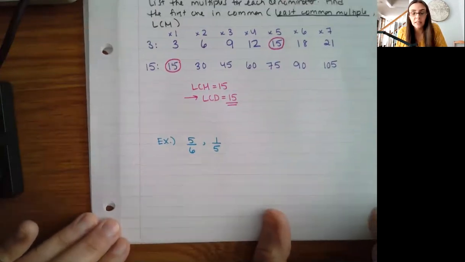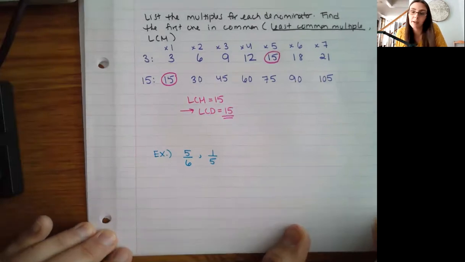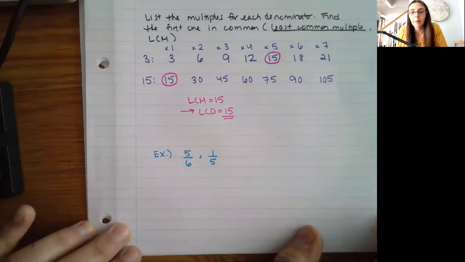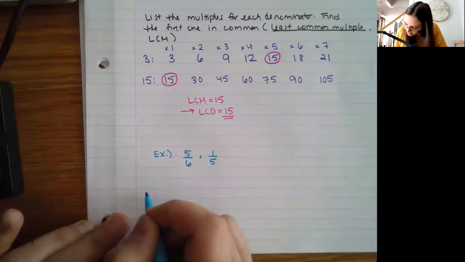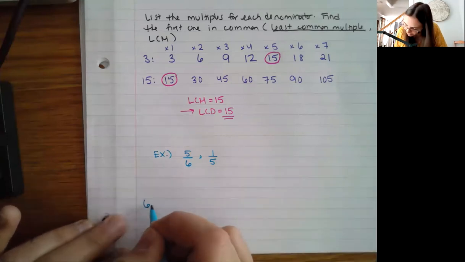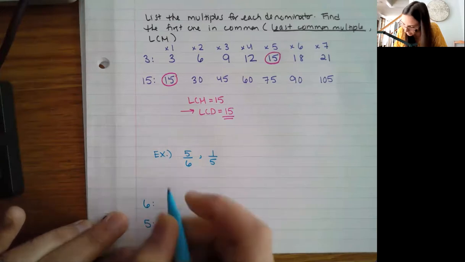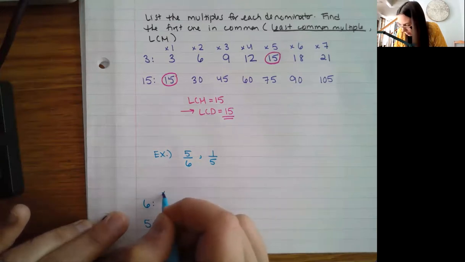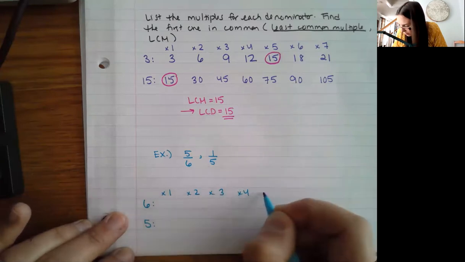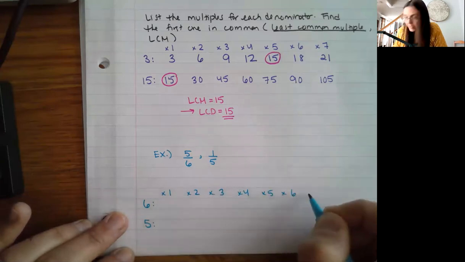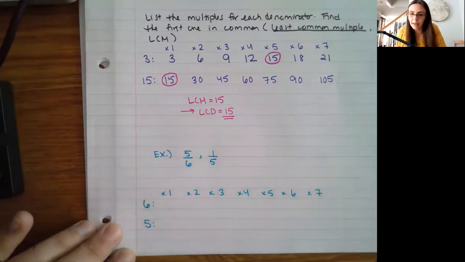So I want to find what would be the easiest denominator for me to change these over to. So that's called the least common denominator. So I'm going to take my denominators. I have my 6, I have my 5. I'm going to multiply them by 1, by 2, by 3, by 4, by 5, by 6, by 7, as many as you need to get one that matches.